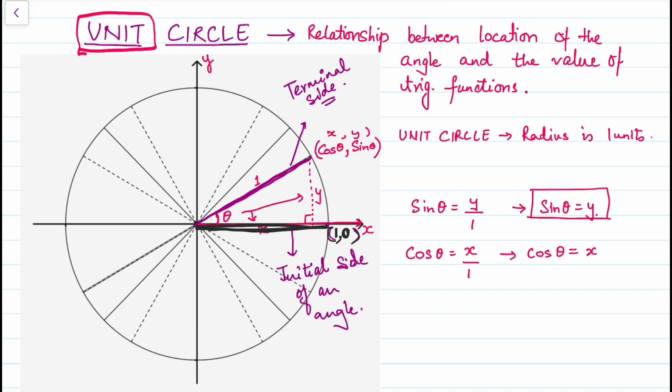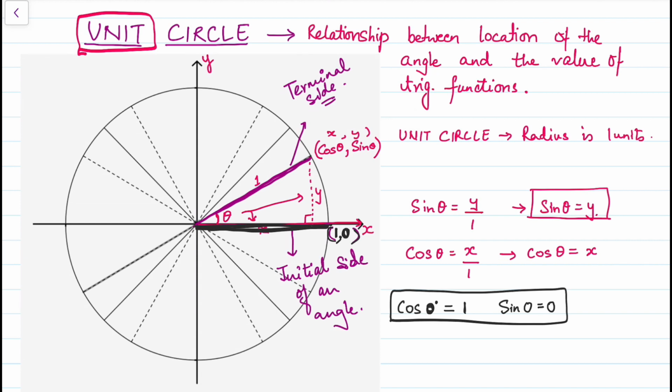So at this point you can say cos 0 degrees, because the angle is 0 here, is equal to 1, and sine 0 is equal to 0, right? So we have found that as well in this circle.